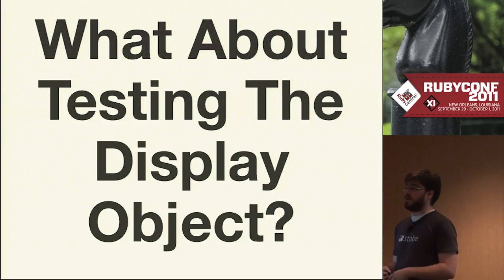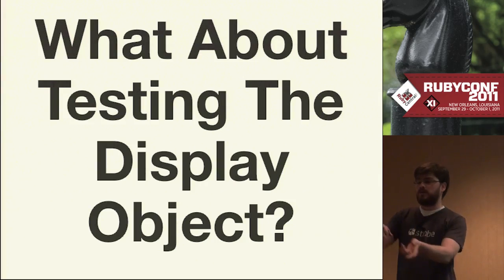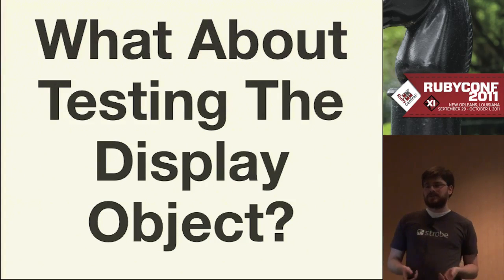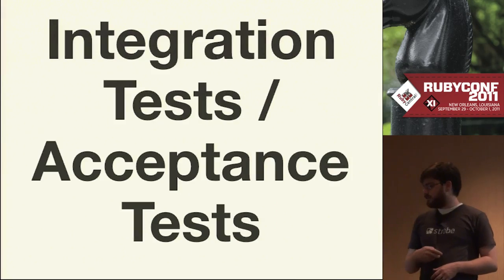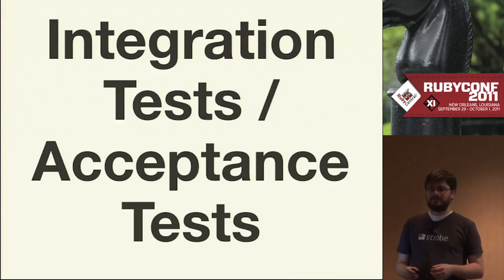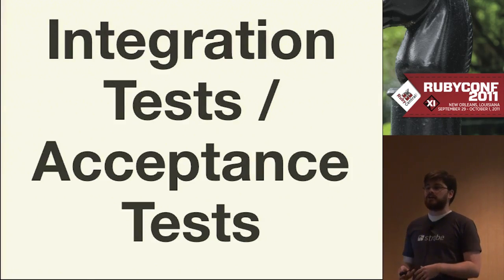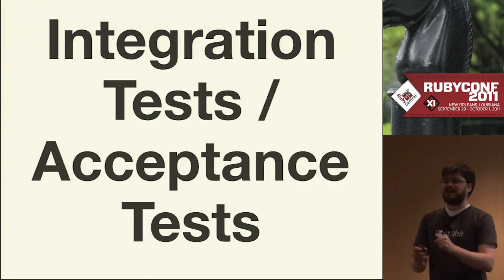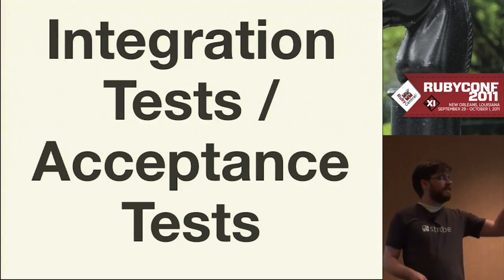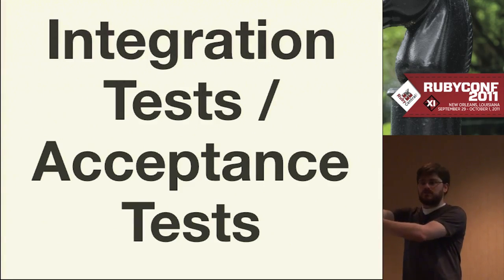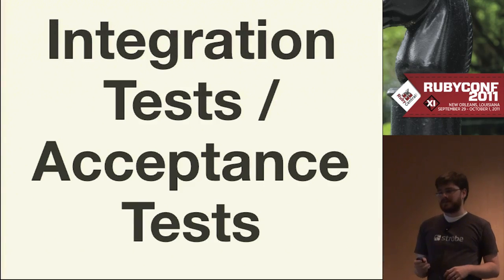Instead, you should write what they call integration tests, integrating with an outside system. Or, if it's simple enough, like it probably is in this case, you can leave it to your acceptance tests. You could write an end-to-end acceptance test using something like Aruba to test the command line interface, and it's going to verify that that code on the edges of your system is actually doing the right thing.